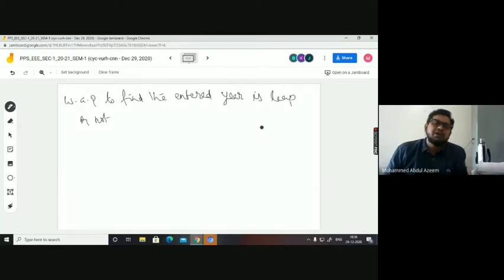You will have to divide it with 4. For example, take 2020. Divide it with 4. 4 5s are 20.